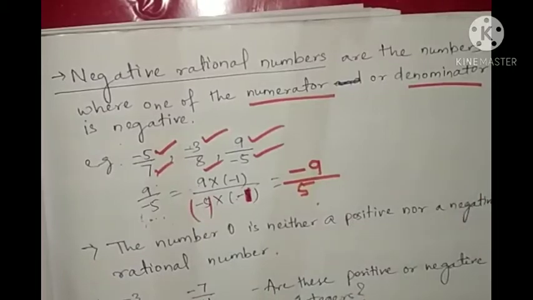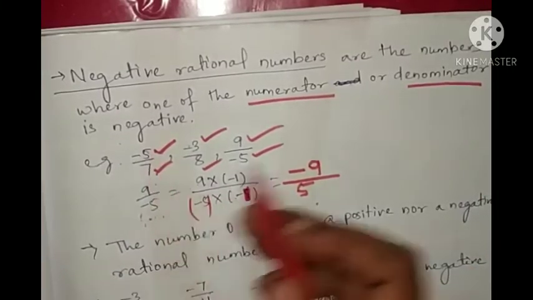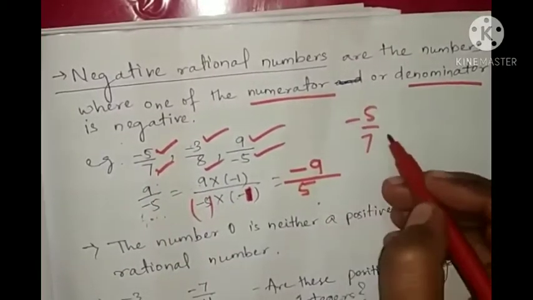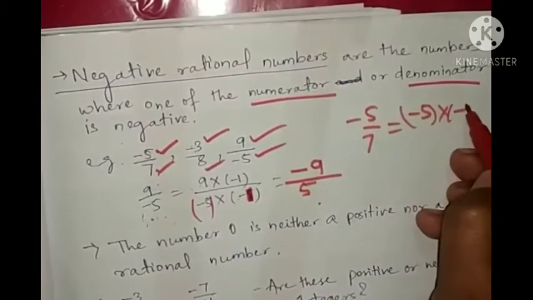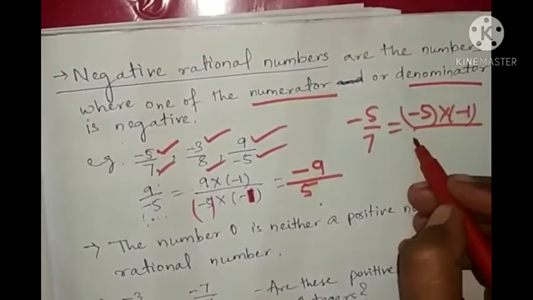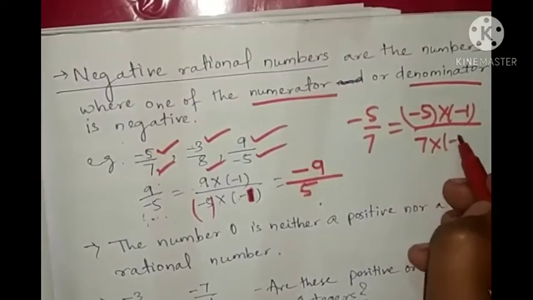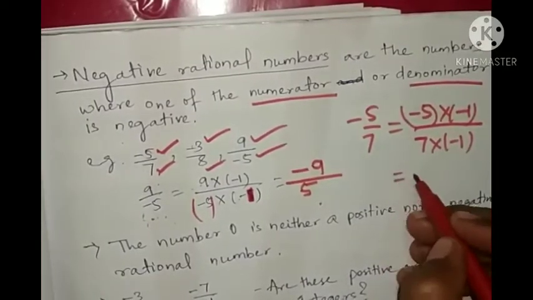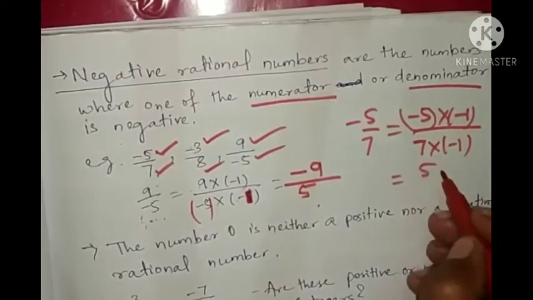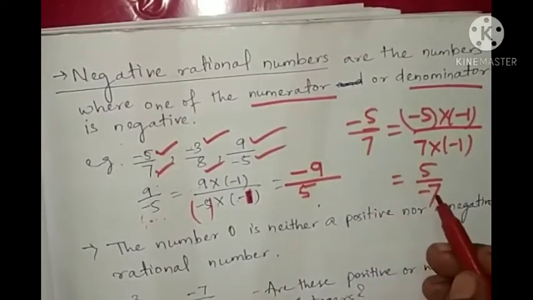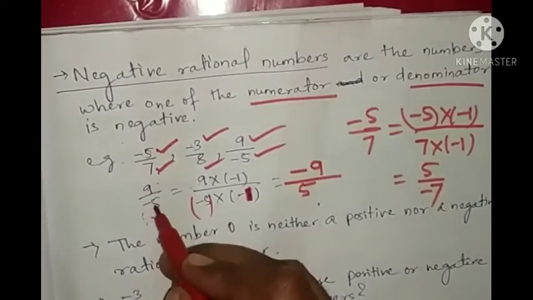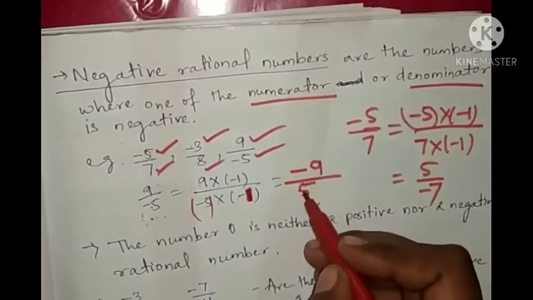Similarly, if we write minus 5 by 7, we can write it as minus 5 into minus 1 by 7 into minus 1, which is 5 by minus 7. So minus 5 by 7 is equal to 5 by minus 7. 9 by minus 5 equals minus 9 by 5.